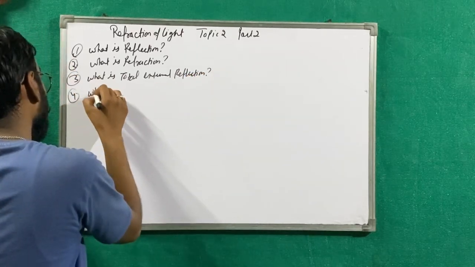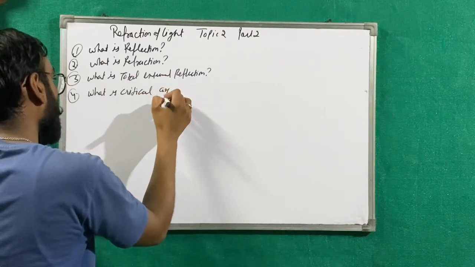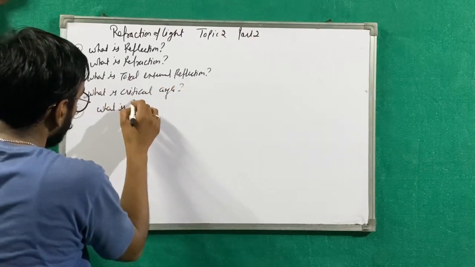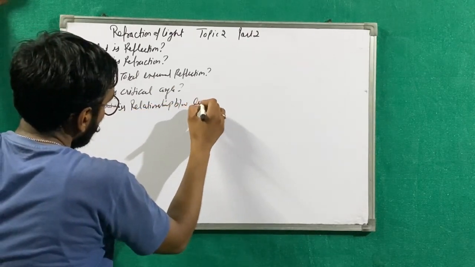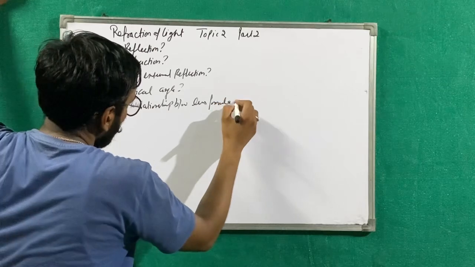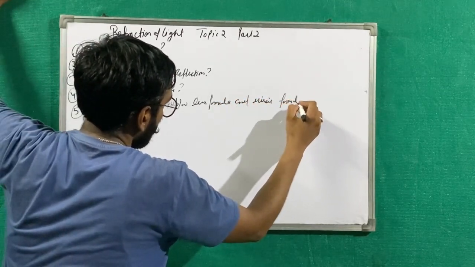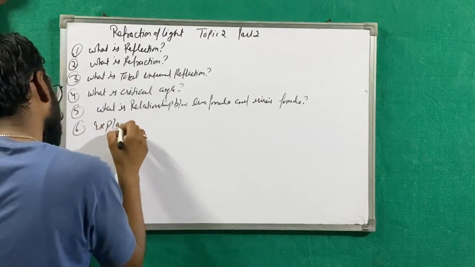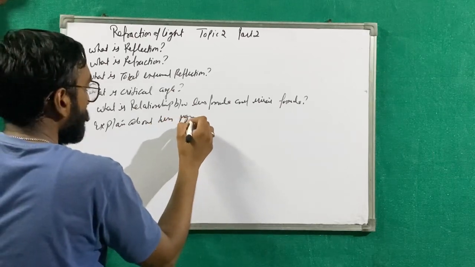Fourth, what is critical angle? Fifth, what is the relationship between lens formula and mirror formula? Sixth, explain the term magnification.